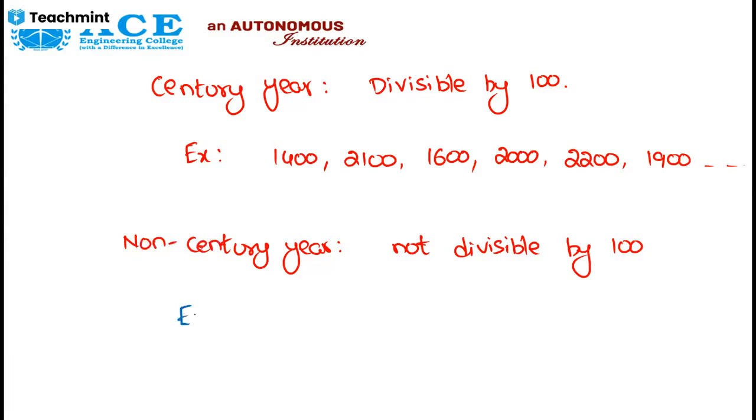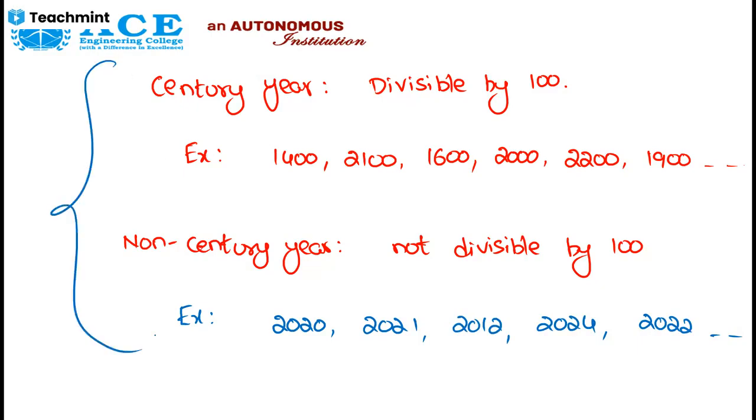Examples we can say are 2020, 2021, 2022, 2012, 2024. All these years we can say are non-century because they are not divisible by 100.